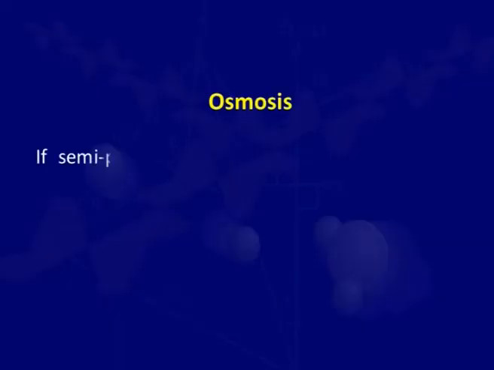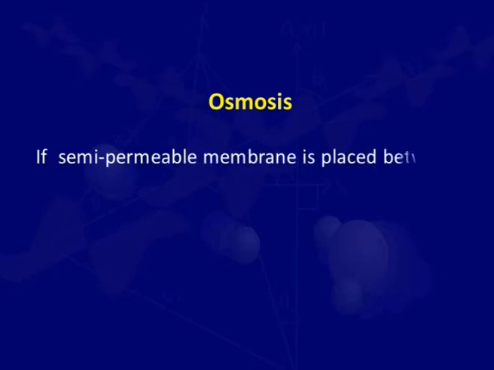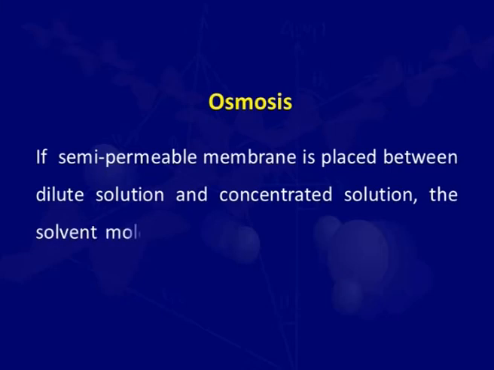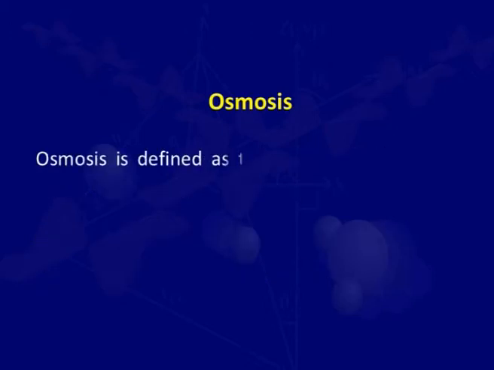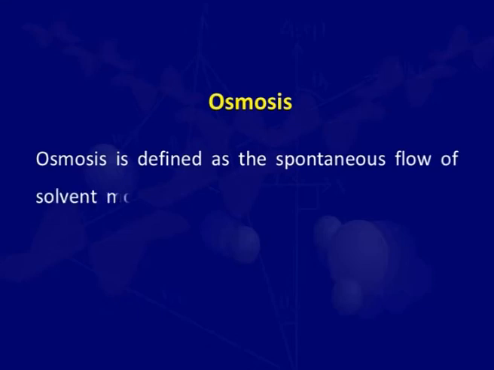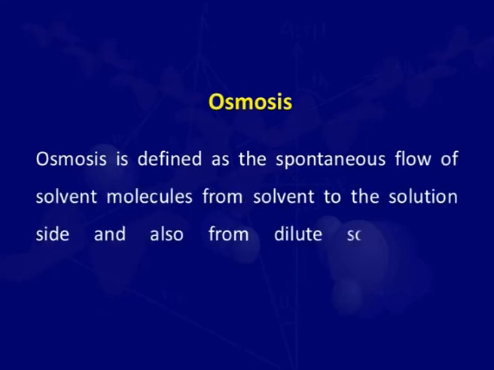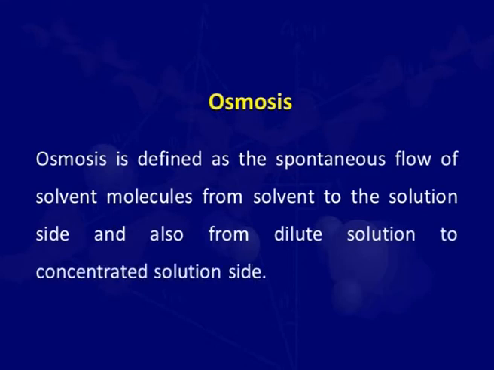It has also been observed that if a semipermeable membrane is placed between dilute solution and concentrated solution, the solvent molecules migrate from dilute solution side to concentrated solution side. Osmosis is defined as the spontaneous flow of solvent molecules from solvent to the solution side and also from dilute solution to concentrated solution side.